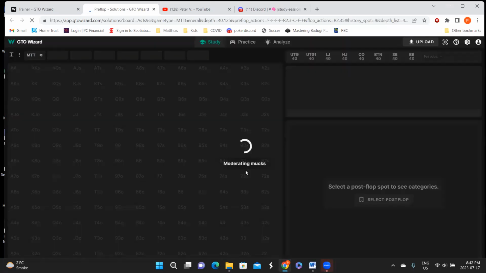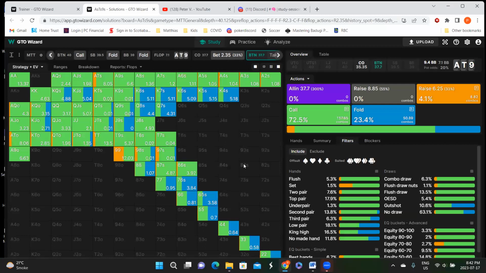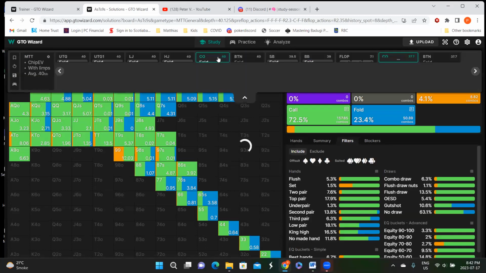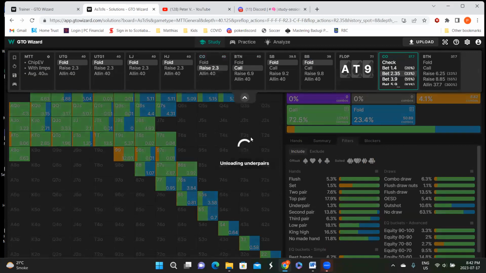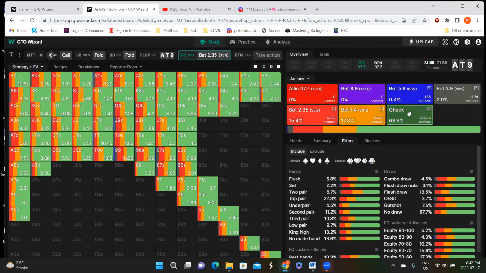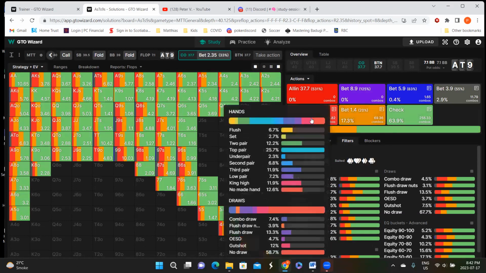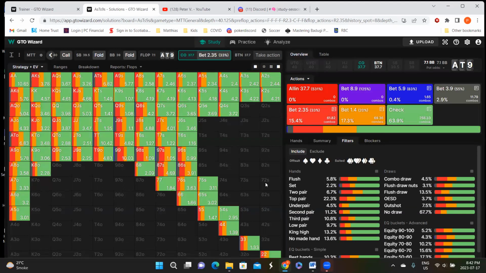So we're going to go down a bit of a theory road here for a couple of minutes as we look at kind of the bigger picture of things. So we've now gotten to this flop. The cutoff's strategy on this specific flop is to check 63% of the time and to bet small the rest of the time.